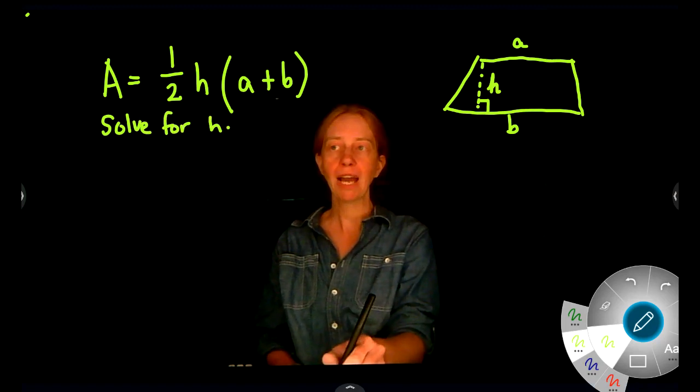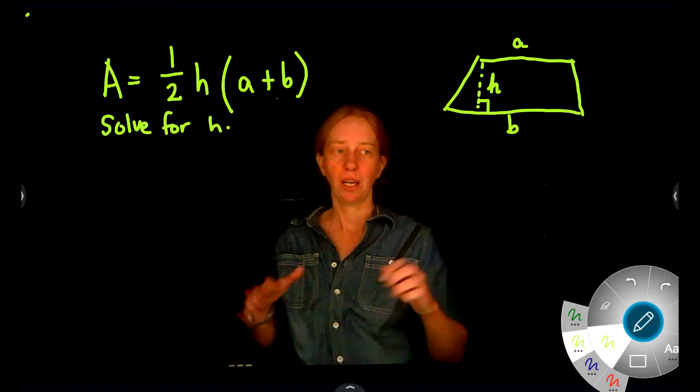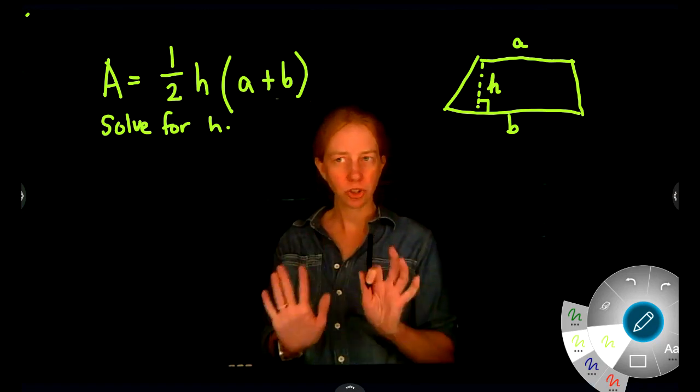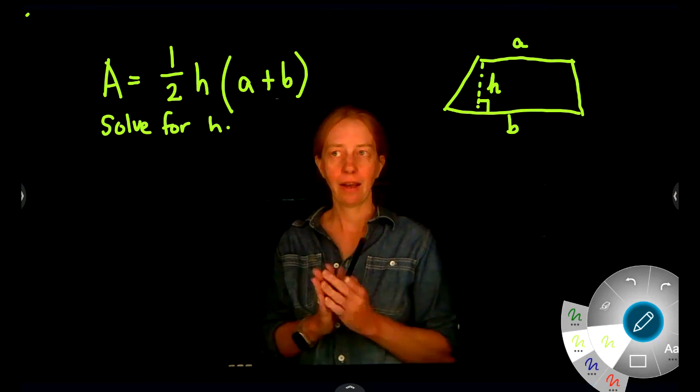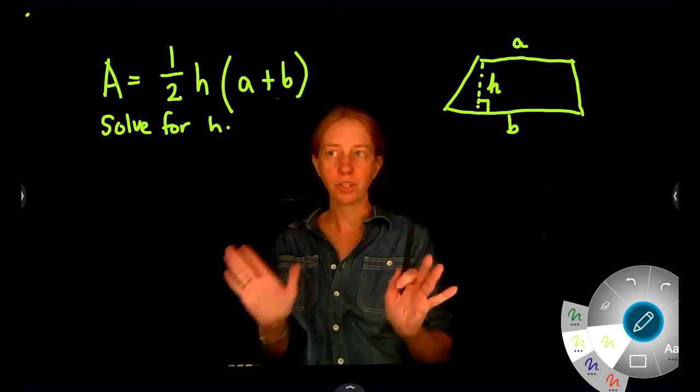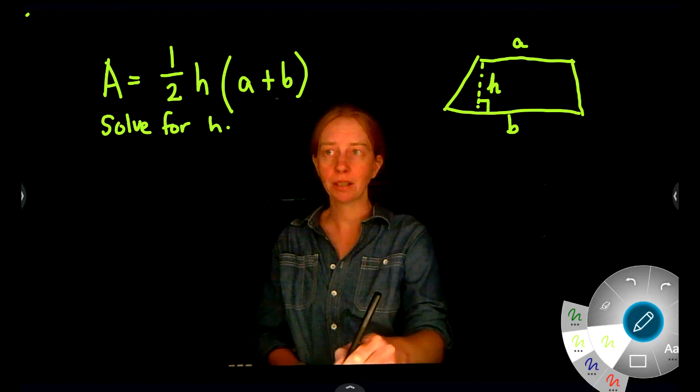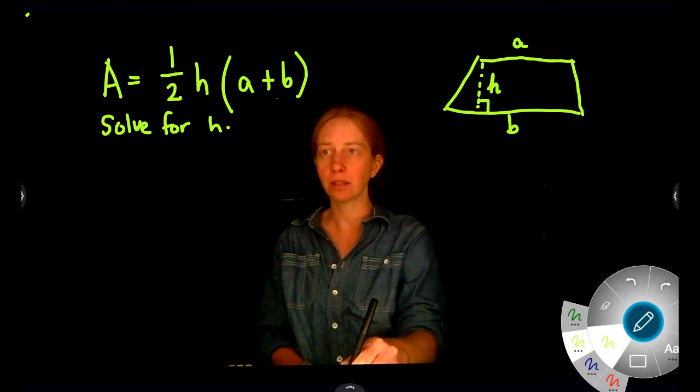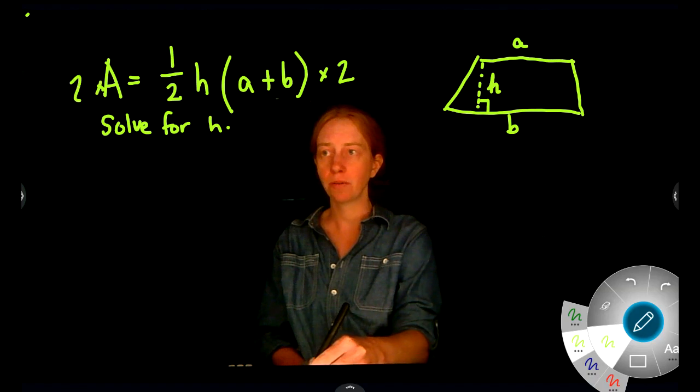Okay, so my first step, and really, you can kind of choose your own adventure here. Most of y'all don't like fractions, so I typically, when I work these for you, I'll start by getting rid of a fraction. So that's what I'm going to do here first, is I'm going to make this go away. So 1/2 times 2, that makes this cancel out. 2 over 2 is 1.